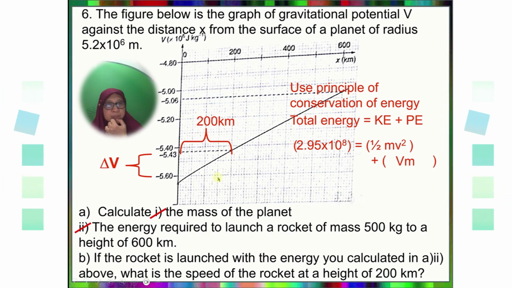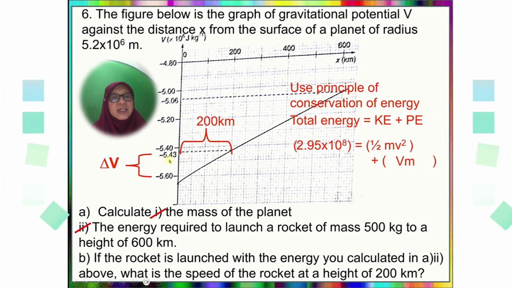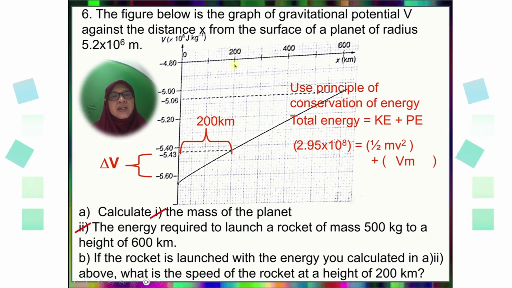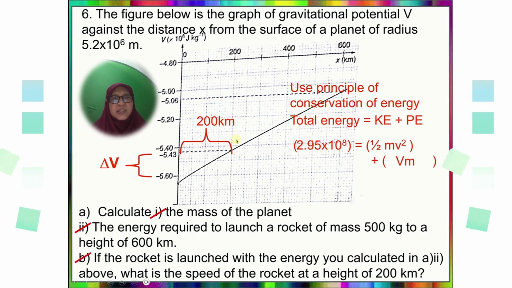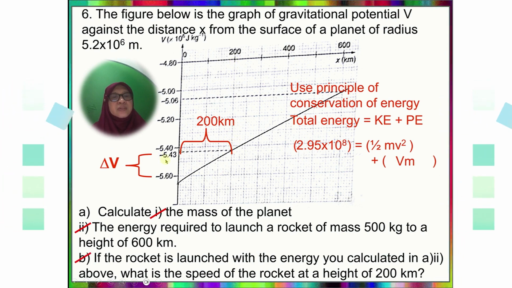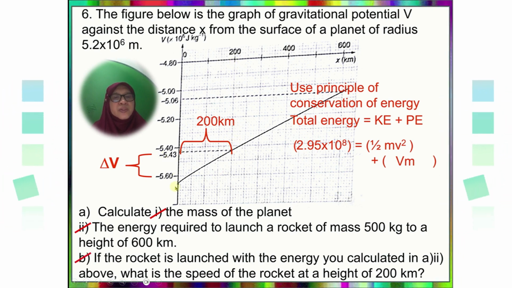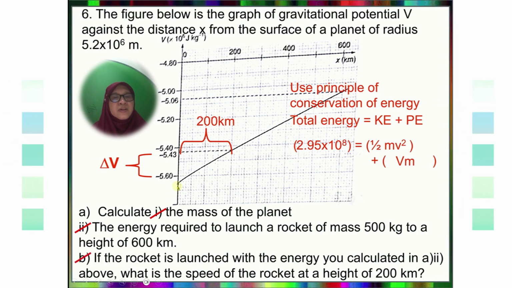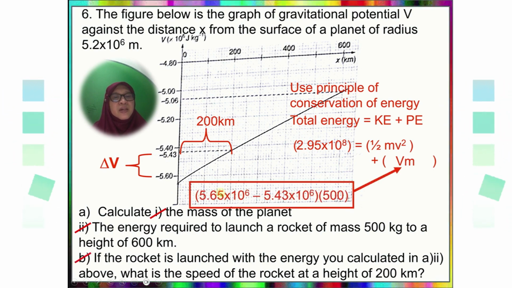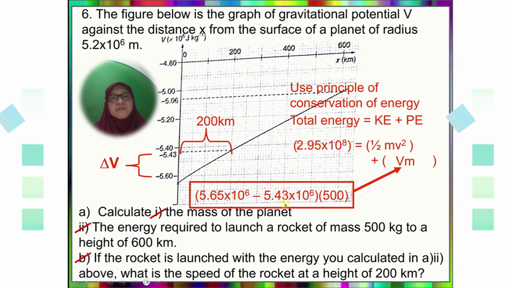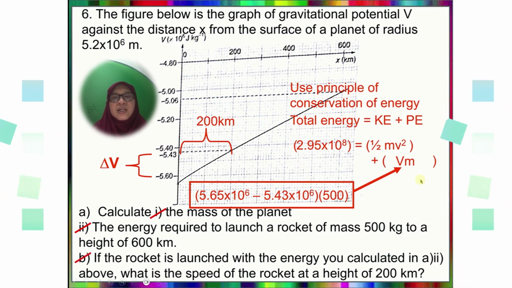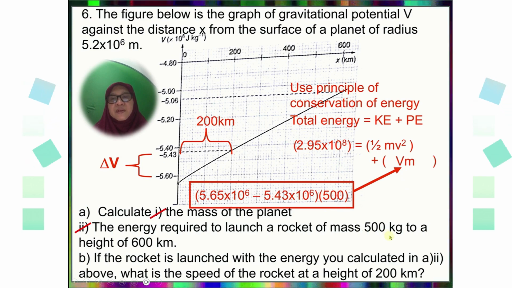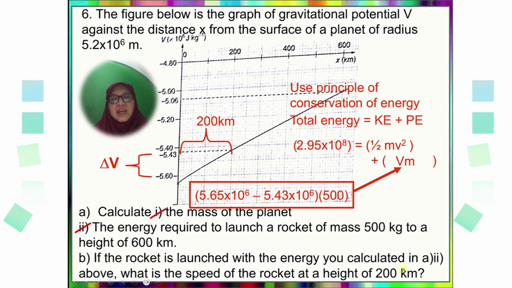The reading here is 5.43, labeled in the question diagram already at 200. At the y-intercept on the surface it is 5.65. So the change will be 5.65 minus 5.43. Don't forget it's times 10 to the power 6. Then times the 500 kg, the mass of the rocket.